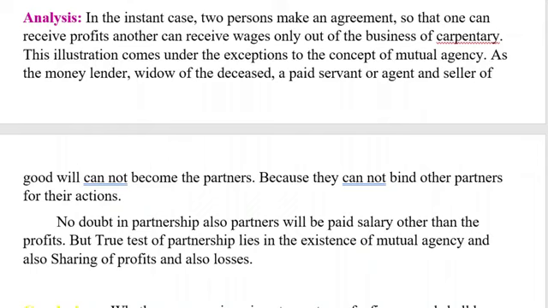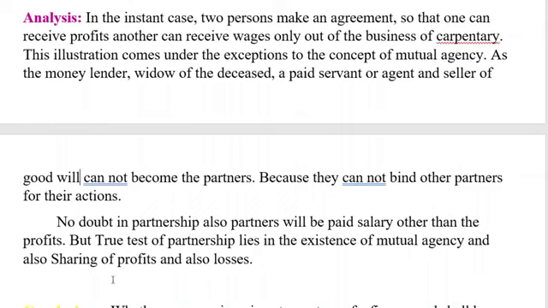He can get only the wages. So these aspects show that we don't find the partnership between Ram and Sham, and they cannot become the partners here.